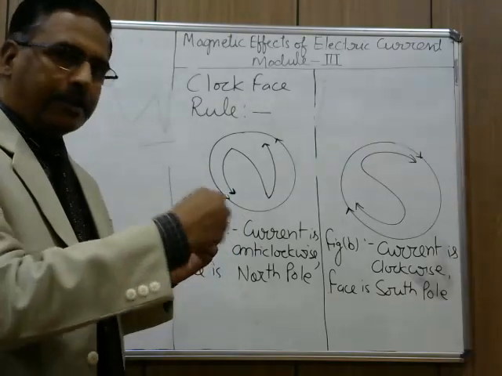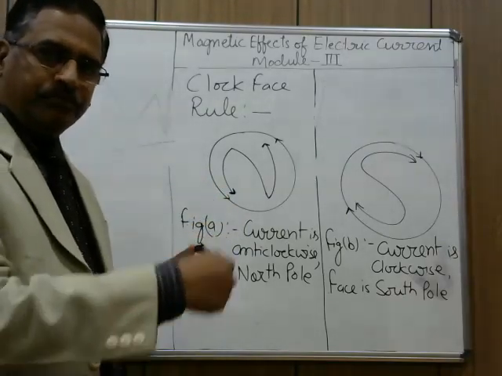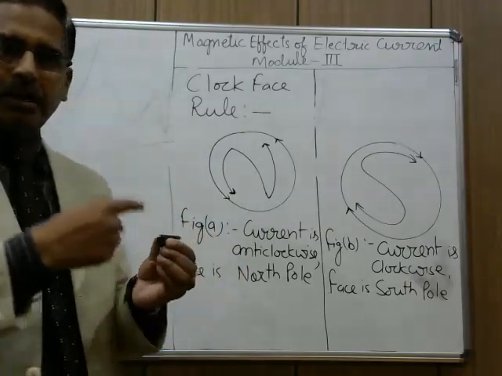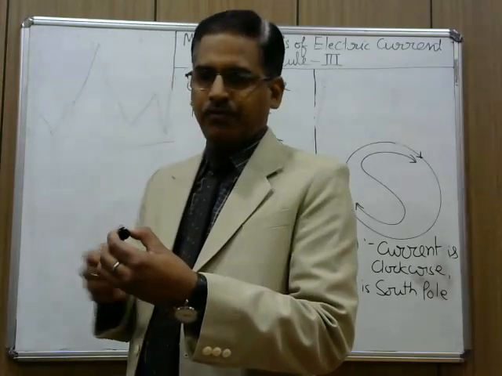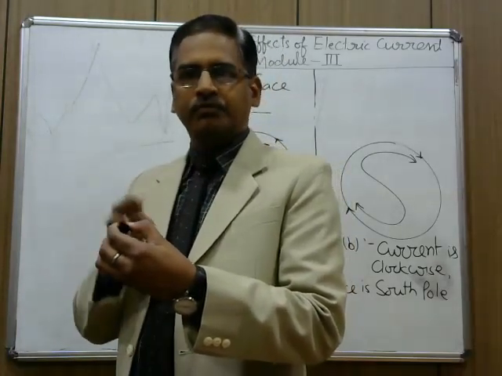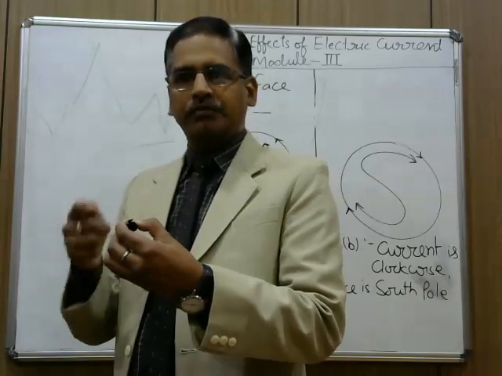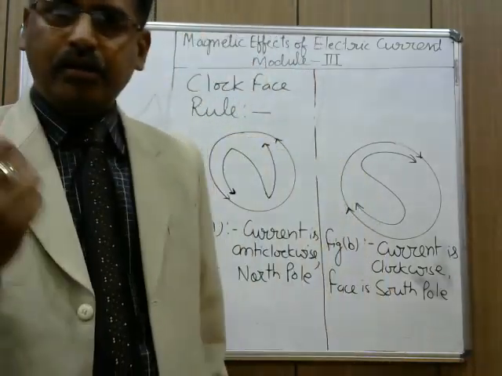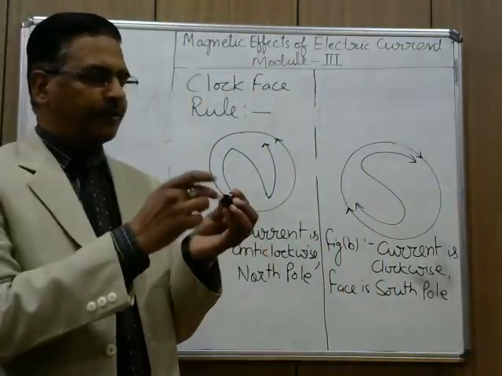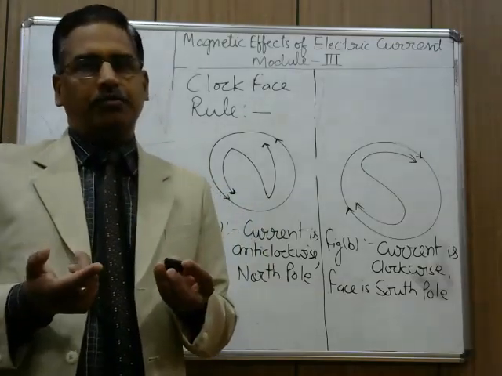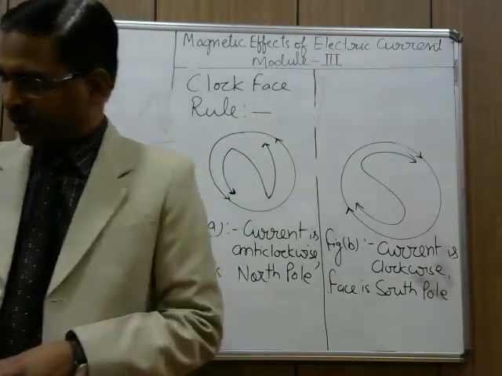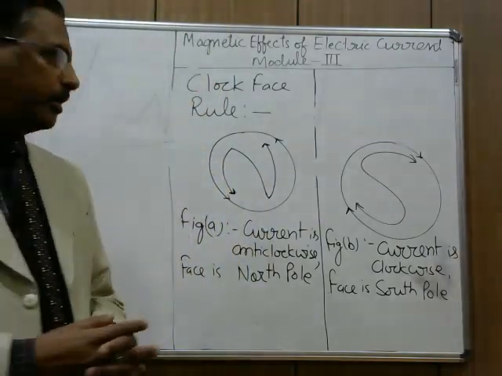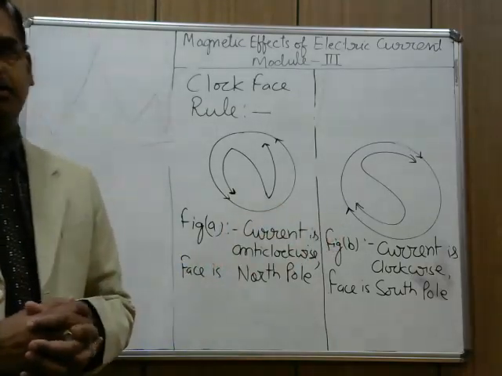Now for the person who is on this side, I will keep on rotating my finger in the same direction, and you see, now it is facing you. For you it will be anti-clockwise, and then this will be the north pole. So if it is south pole from this side, it will be north pole from that side. So a circular loop will have both the two poles, and the poles will be determined by this rule.